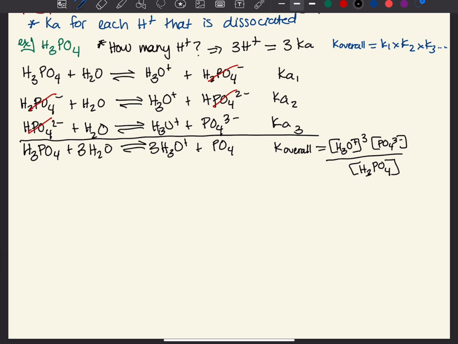Now, if we want to look at why we multiply these together, I get the equilibrium expressions for each of my individual steps. We're going to have the concentration of hydronium ion times the concentration of dihydrogen phosphate divided by the concentration of our phosphoric acid.